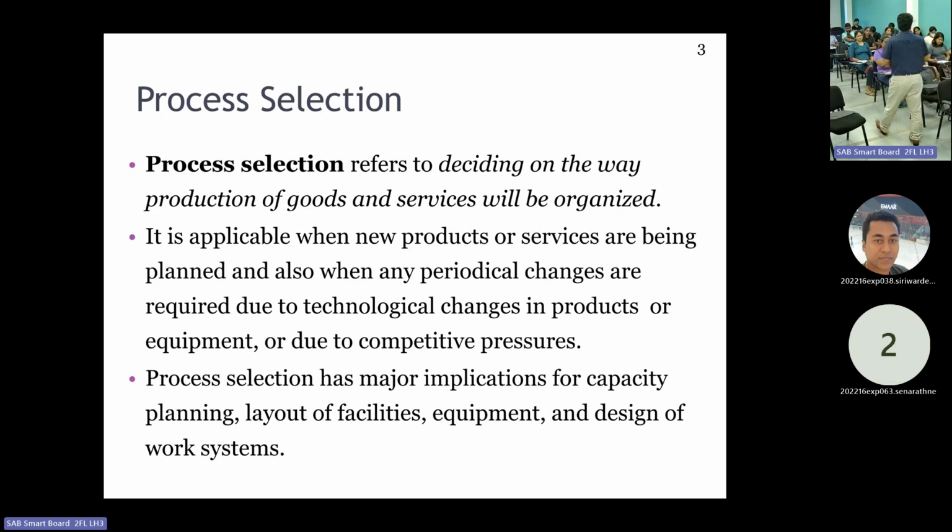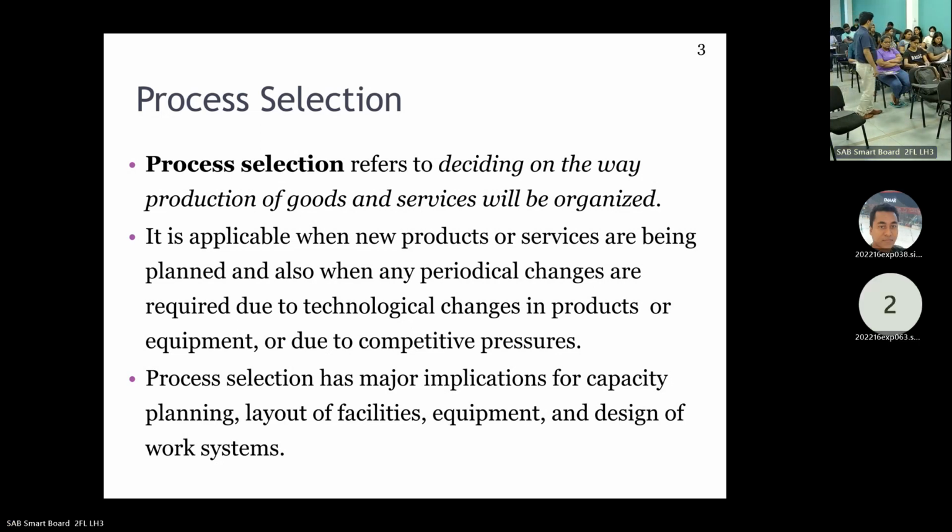Are we ready? There's no issue if you don't have the hard copy. You can refer to the soft copy and write down the additional points, including examples, which would be better.